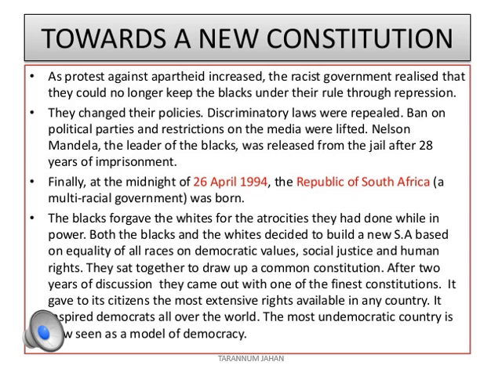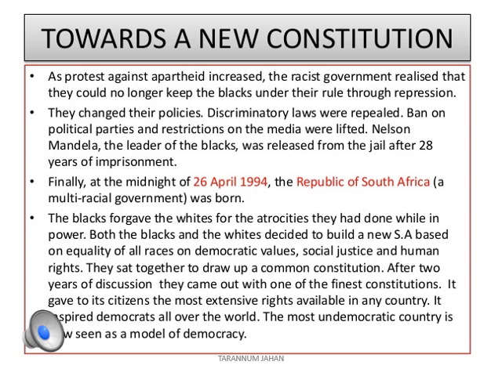So they said that now you are free from us, free from rule through repression. They changed their policies. The ban on political parties was removed, and the restrictions on the media were lifted. Nelson Mandela, who was arrested for the protest, was released from jail after 28 years.